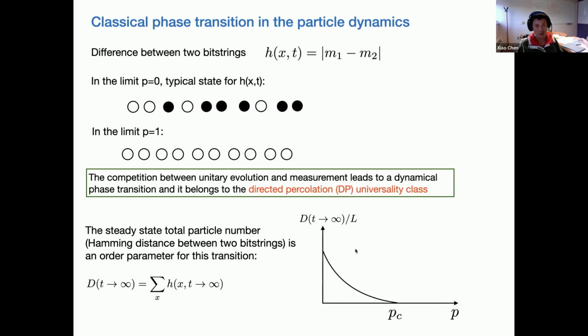The competition between unitary evolution and measurement can lead to a phase transition, and this phase transition belongs to the directed percolation universality class. This is similar to what I introduced before for the lattice percolation model, but here it is a different universality class: directed percolation.